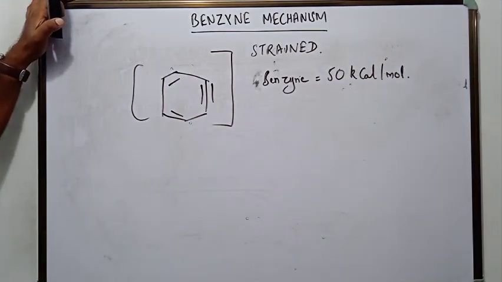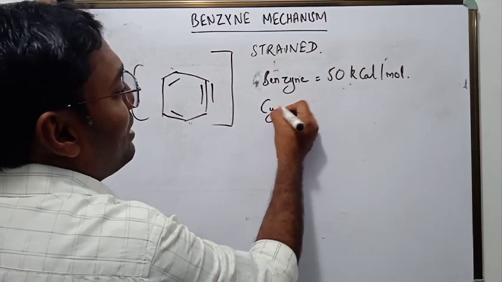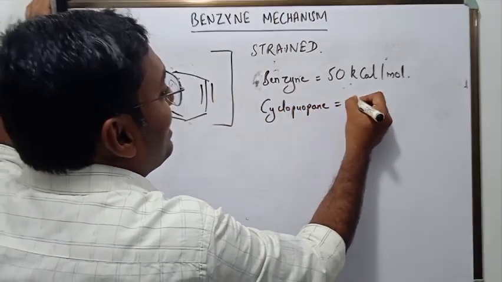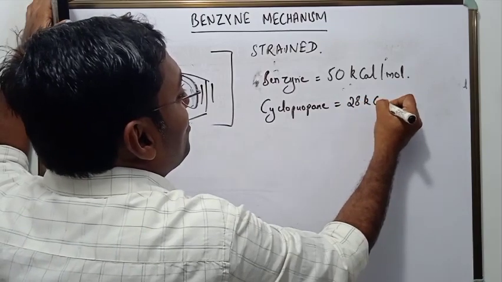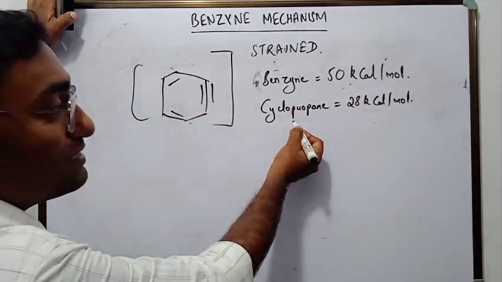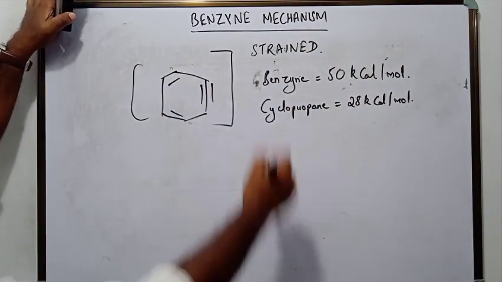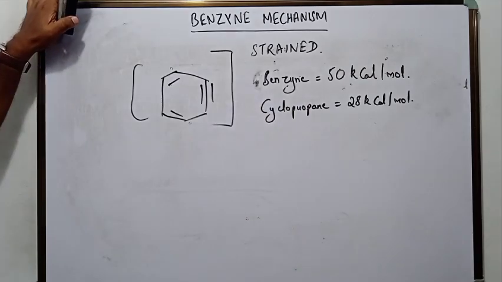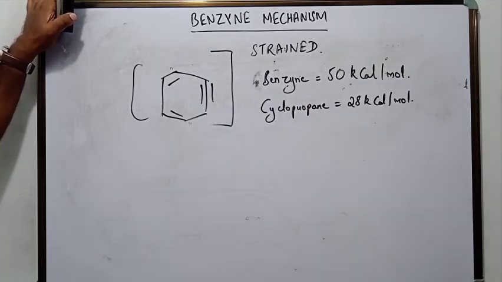Do you know what is the strain in the cyclopropane ring? The cyclopropane ring has a strain of 28 kilocalorie per mole. So according to strain, cyclopropane is a very unstable ring, right? Here we are seeing that benzyne is more unstable than cyclopropane. It is very unstable.